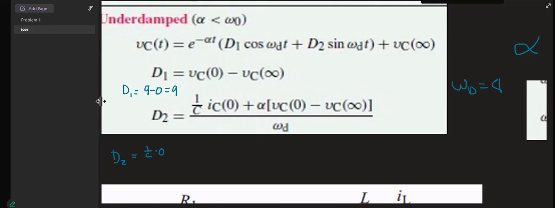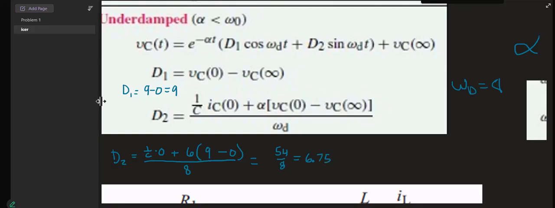So I'll take the lazy way out because I know the answer is going to be 0. Plus alpha is 6 times VC of 0 is 9 minus VC at infinity is 0 over omega D, which we found to be 8. So D2 is 54 over 8, which is 6.75.